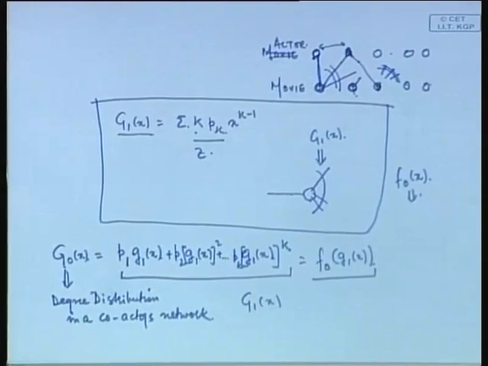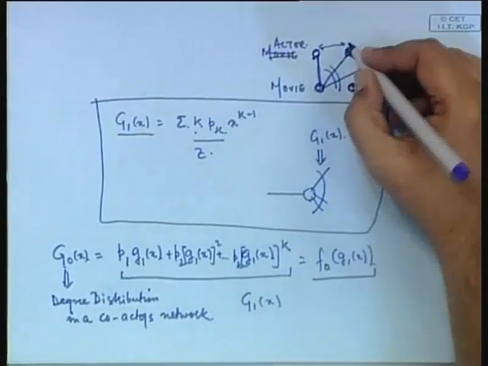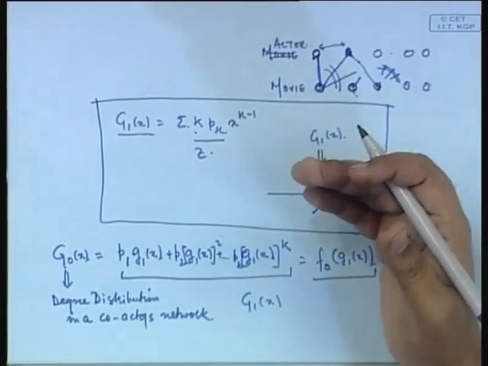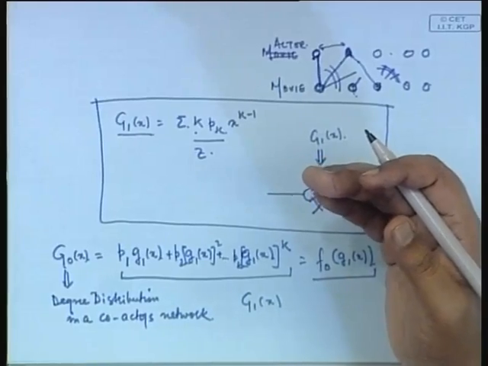So now tell me, what can this G1x be? What extra will come here? Reaching here was not considered previously, but it has to be considered.